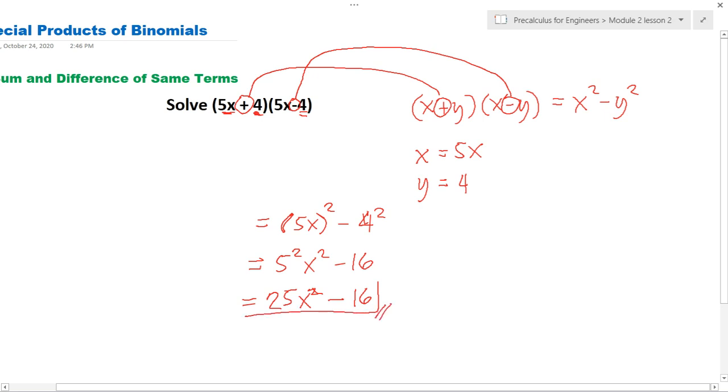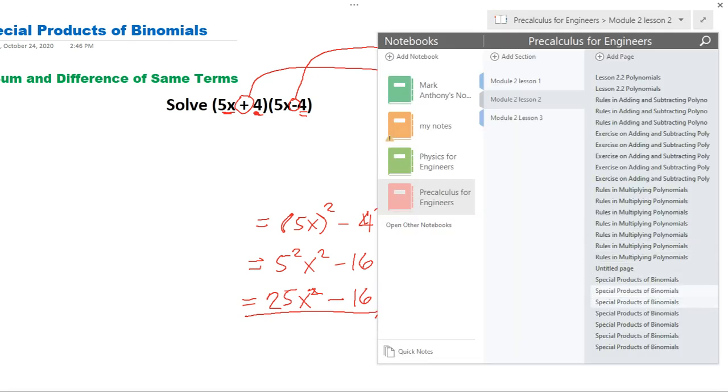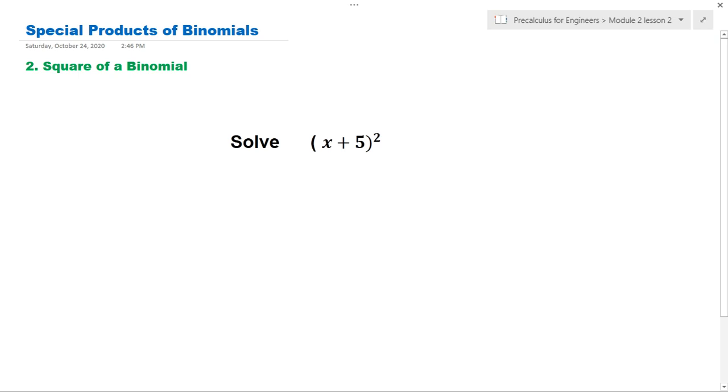Then, next, we have another type of special product. We have x plus 5 squared. This is known as the square of a binomial. Kasi yung binomial mo, gi-squared.